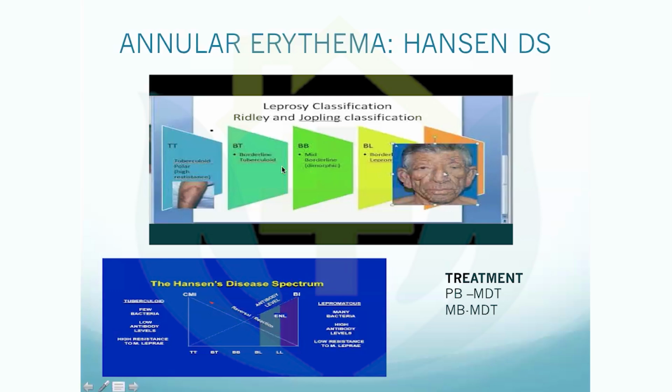And in between, the immunity goes down across the spectrum, so the bacillary counts go up. The treatment for paucibacillary leprosy is paucibacillary multi-drug therapy, and for patients with more bacteria, we use multibacillary multi-drug therapy, that is dapsone, clofazimine, and rifampicin.